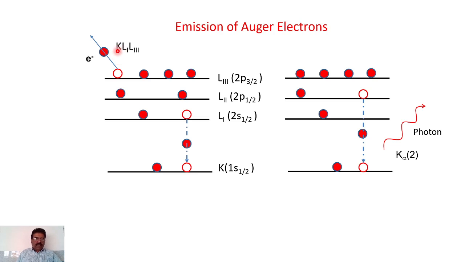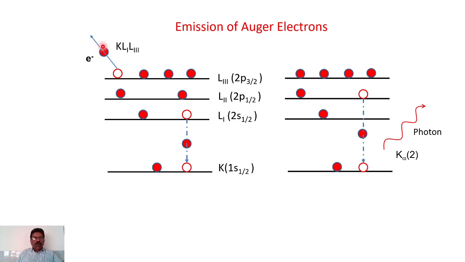So the original shell, then the shell from which the electron jumped to occupy this position, that is L first, are named first of all. The energy released during this transition is utilized to release an electron from the outer shell. Whatever the outer shell, for example in this case I have shown here L3, so the third letter used is L3.